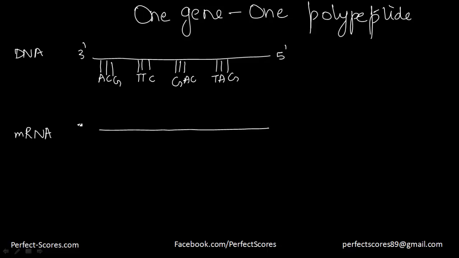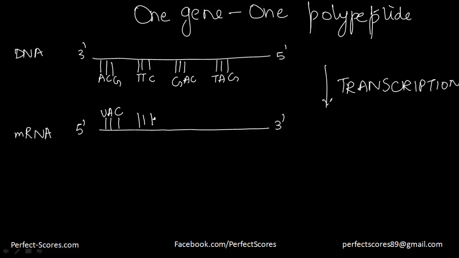This is going to be in the opposite direction because the strands are antiparallel, and this process is transcription. So over here you are going to have UAC complementary to ACG, AAG, CUG, because remember we are using U for A, now the RNA is being created, and finally AUC over here.